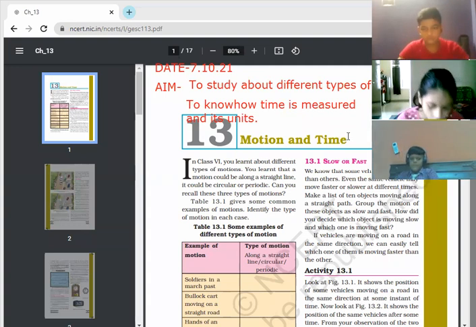Some objects have more than one type of motion. Now in this chapter, we are going to study uniform and non-uniform motion, how we can measure that type of motion, what its definition is, and how we can draw it on a graph.